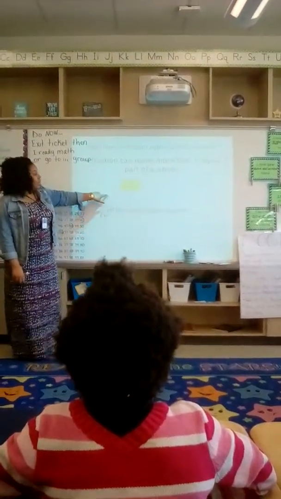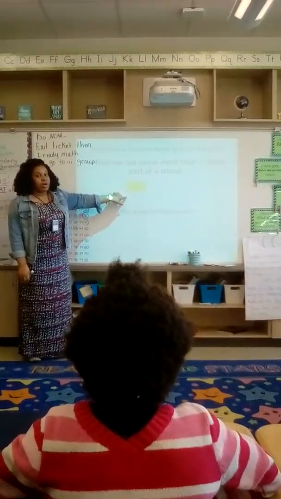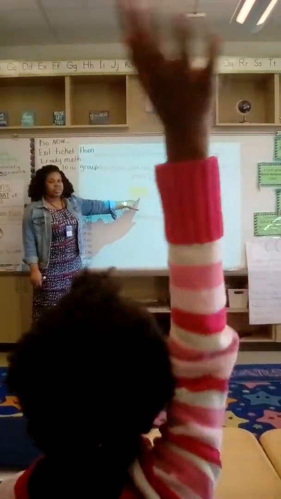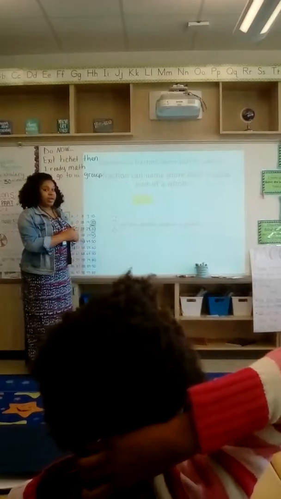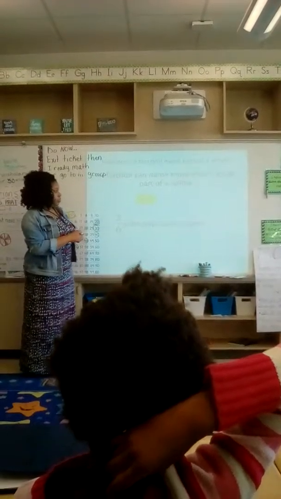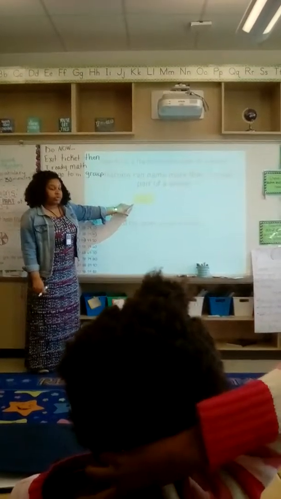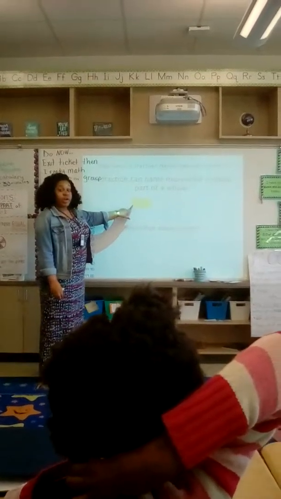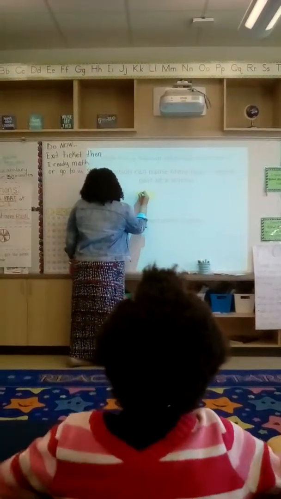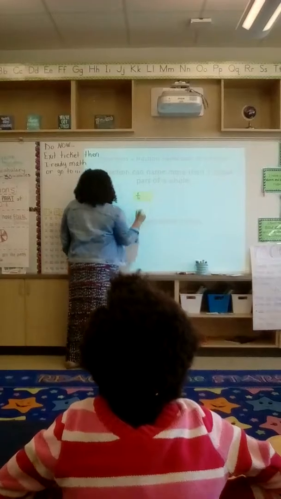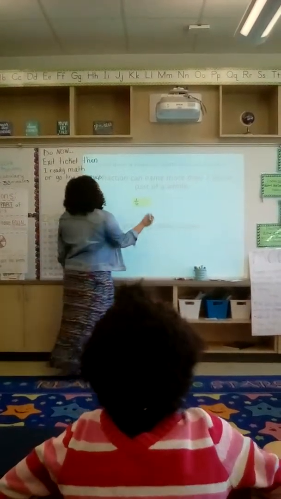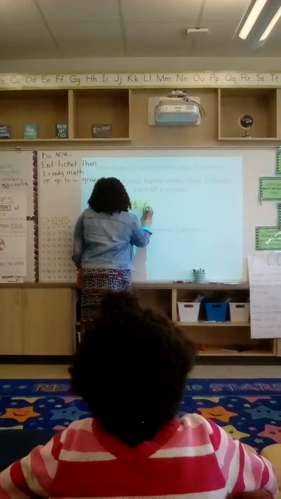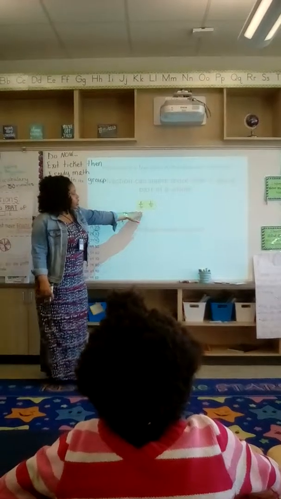If we were to write this as a unit fraction, how would we write this in each box? 1/6. So we put 1/6 in here, and 1/6 here.